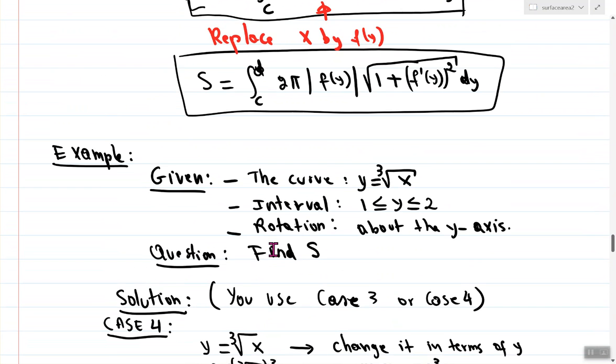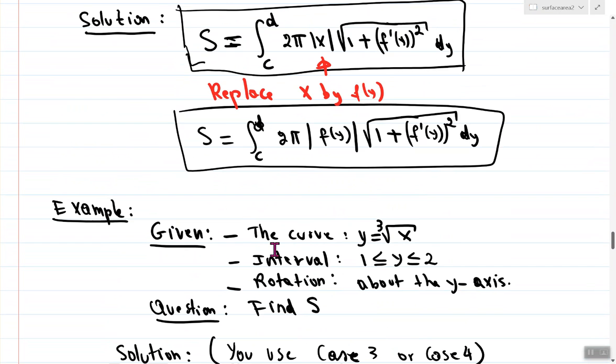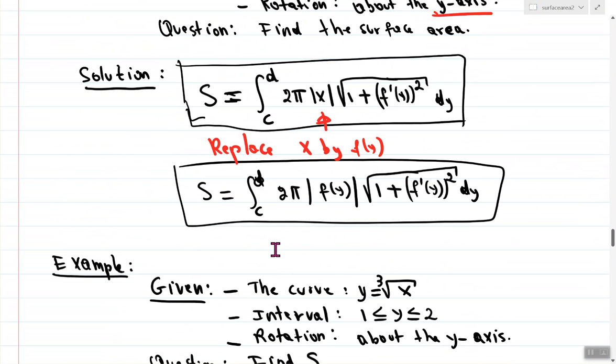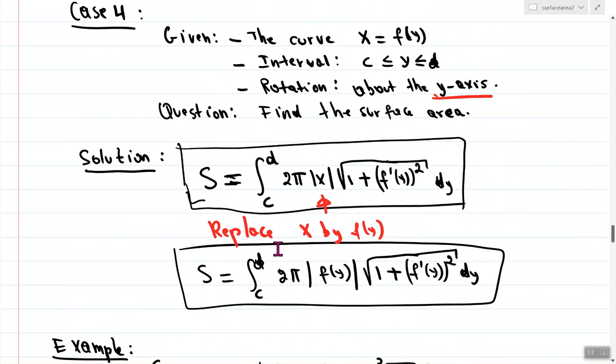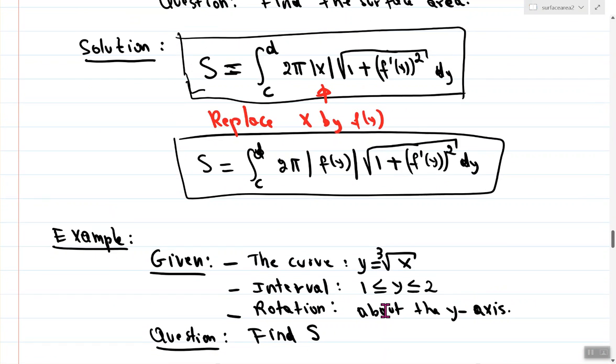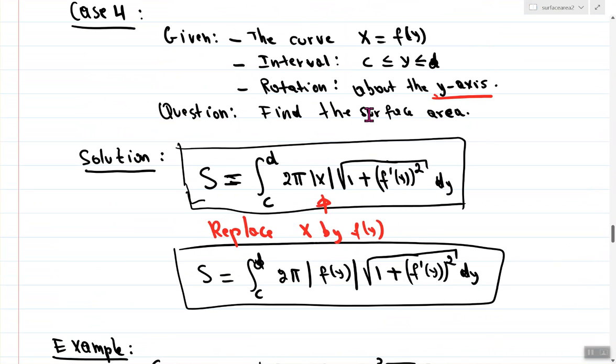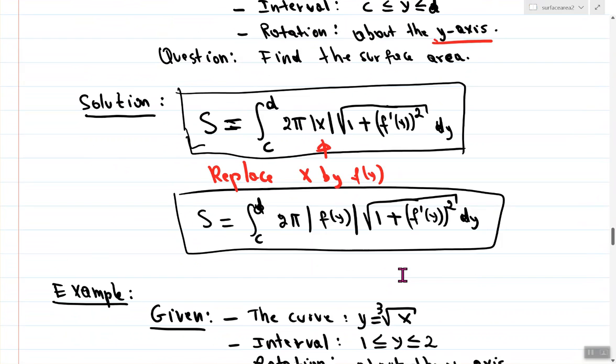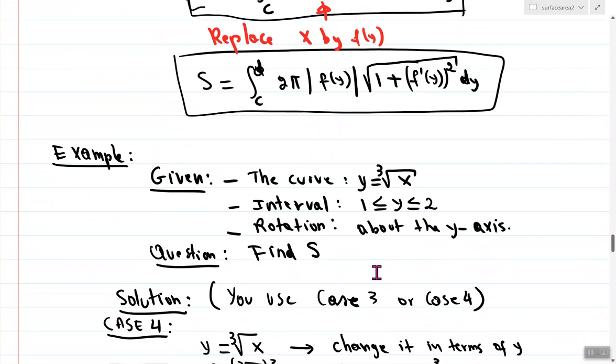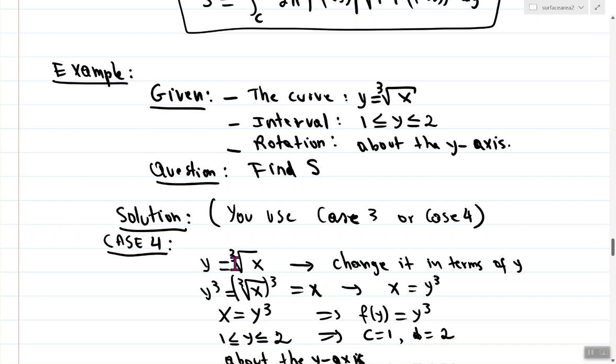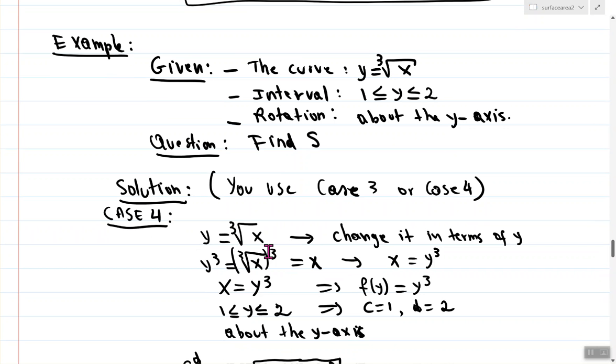So case 4 basically says they give us x equals f of y, and they give us the boundary in terms of y, and the rotation is about the y-axis. So we need to change this. We're going to write x as a function of y, not y as a function of x.